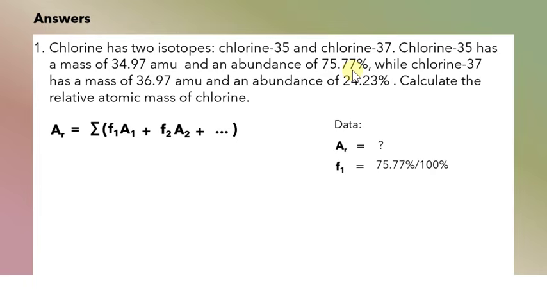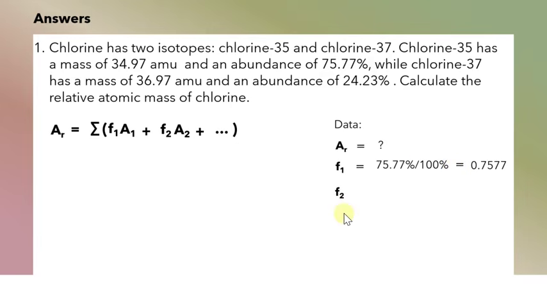That one is a fraction because percent means out of 100. So we put it as a fraction, we divide 75.77% by 100, which will give us that fraction, which is 0.7577. We convert it directly, okay?